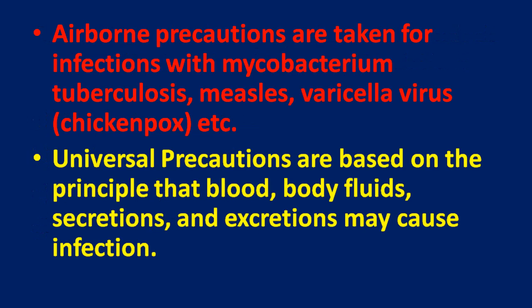Airborne precautions are taken for infections with Mycobacterium tuberculosis, measles, varicella virus, that is chickenpox, etc. Universal precautions are based on the principle that blood, body fluids, secretions and excretions may cause infection.